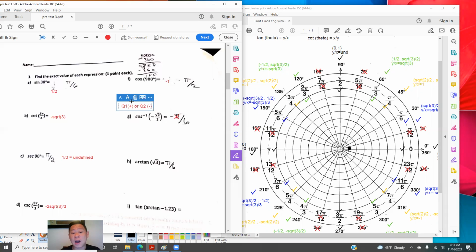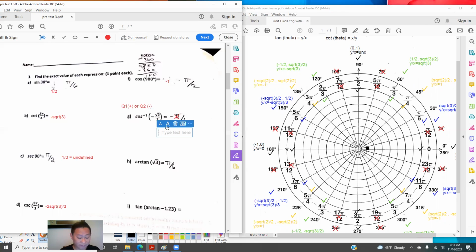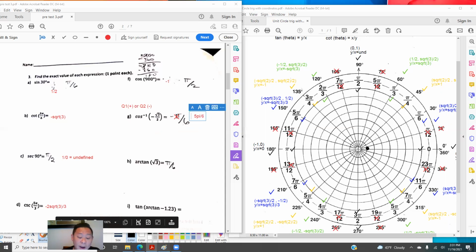So your answer in this case will be quadrant 2, so 5 pi over 6. This is just for cosine, the arc cosine.